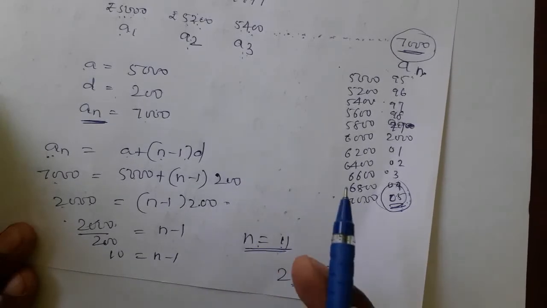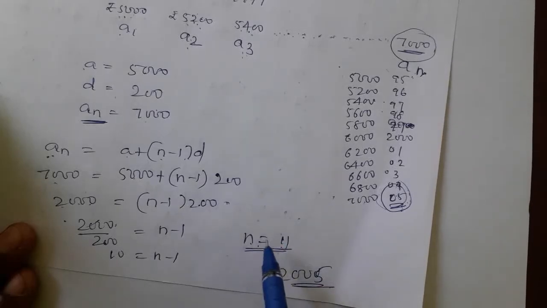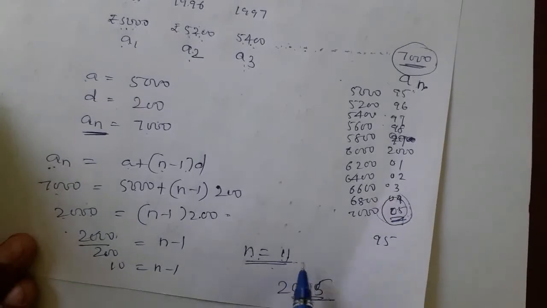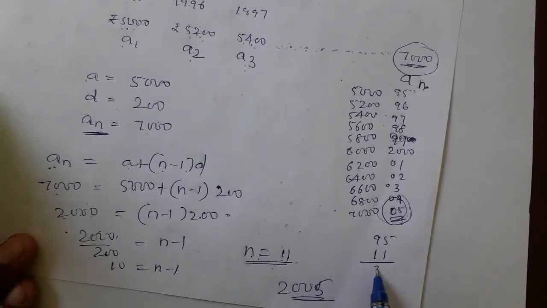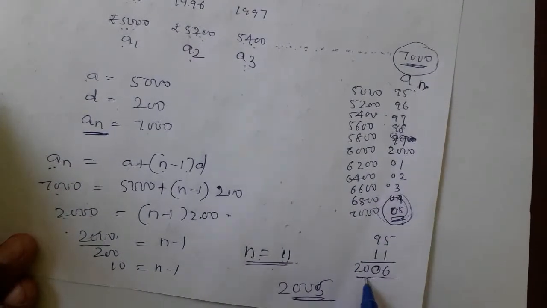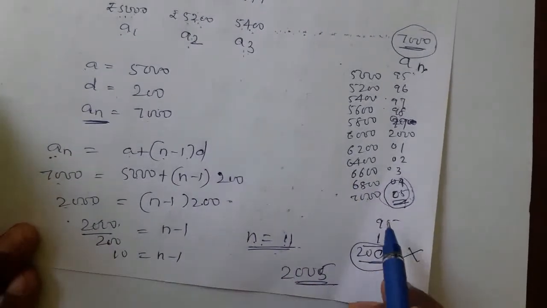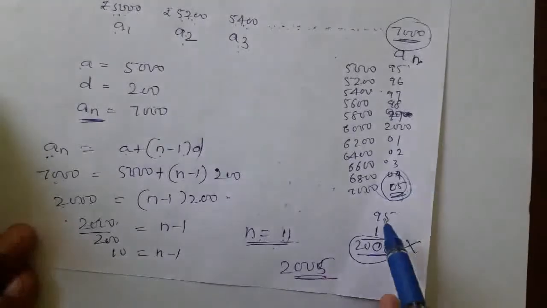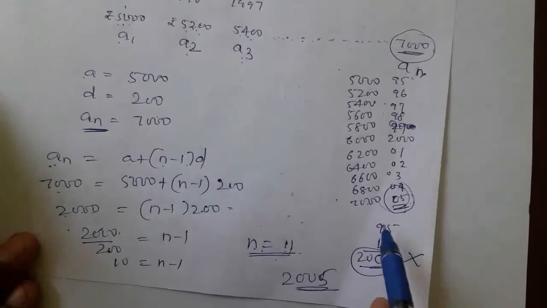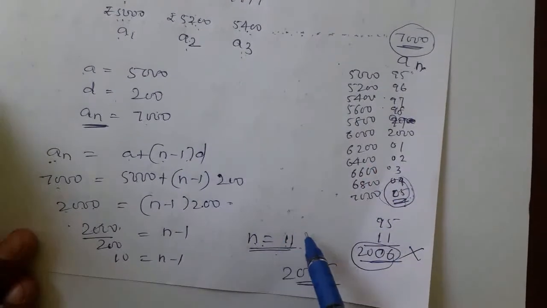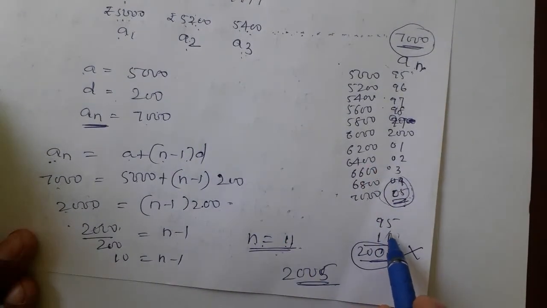So a few students calculate that 11th year means he started in 1995, so they directly add 11 and write the answer 2006. But it is wrong. When we are counting, 1995 is taken as the first year, so we should not add 11 directly. 1995 is the first year, so for the 11th year we have to add 10, not 11.